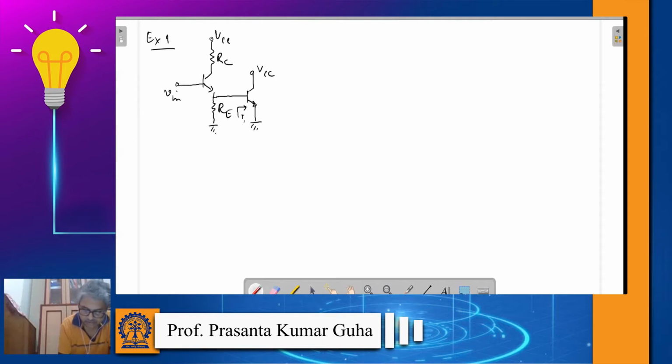If this transistor is Q1 and this transistor is Q2, you see the emitter of Q1 sees the input resistance of Q2, which is R pi 2. So you can simplify this circuit in a much better way.